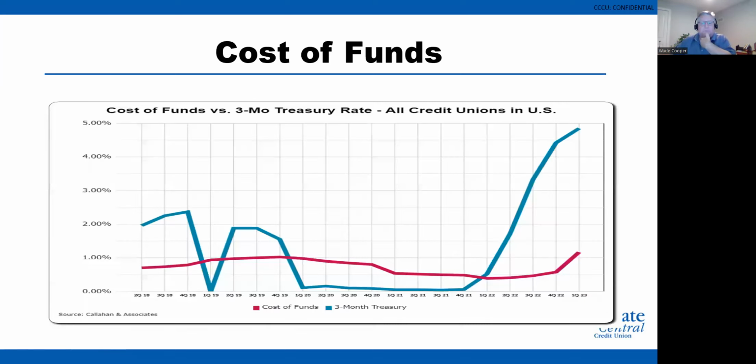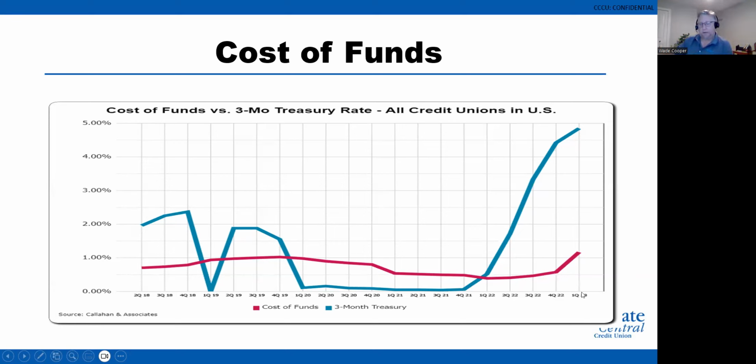So I want to talk about how this is affecting credit unions. And I'm going to start with the cost of funds. And again, this is a Callahan chart. If you have Callahan, the data, they didn't get all the second quarter data in before I made my slideshow.